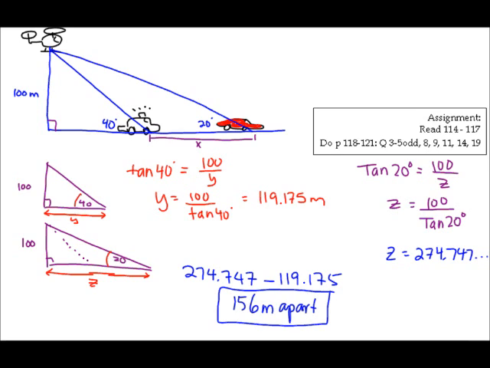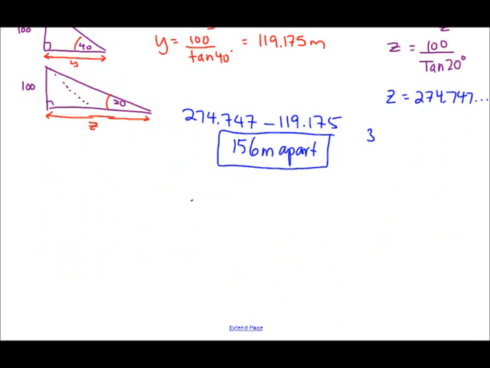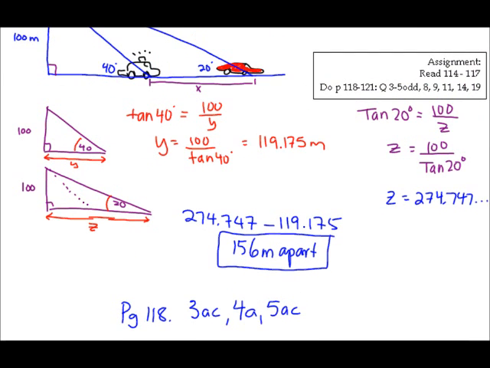Okay, so I'll reduce it a little bit. So page 118. So I'll just reduce that first part a little bit. Okay, I still want you to do 3AC, 4A, and 5A. So take off 4C. Okay, take off one of them. Take off 4C.